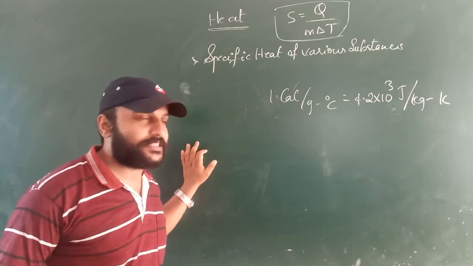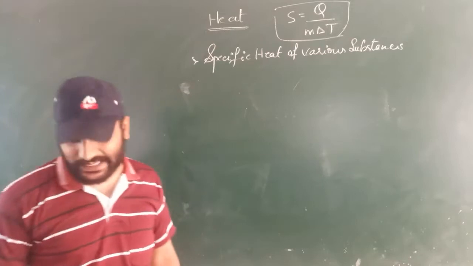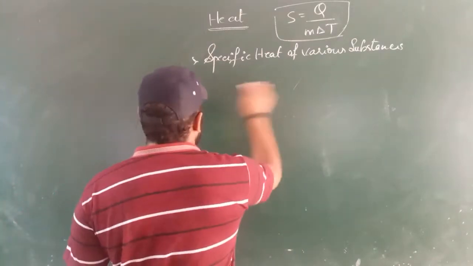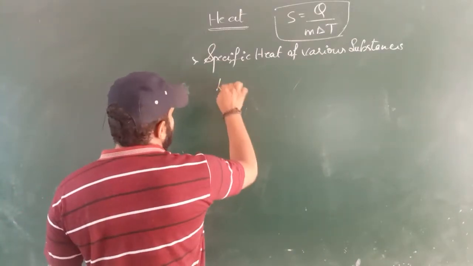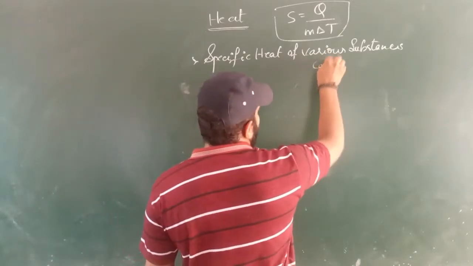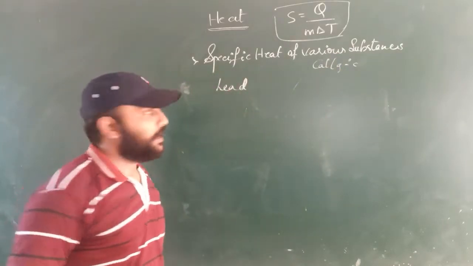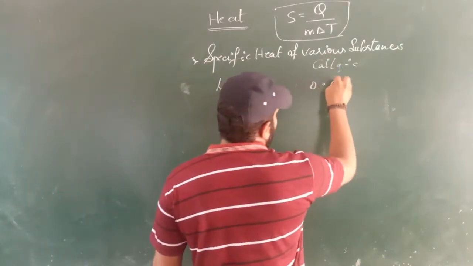So here our topic is specific heat of various substances. Let's see some substances' specific heat in calorie per gram degree Celsius. Whatever I am saying, its value is in CGS unit. First one is lead. The specific heat of lead is 0.031.